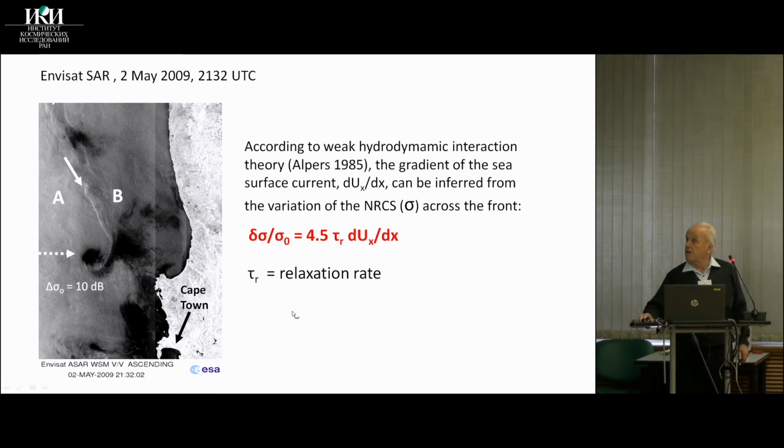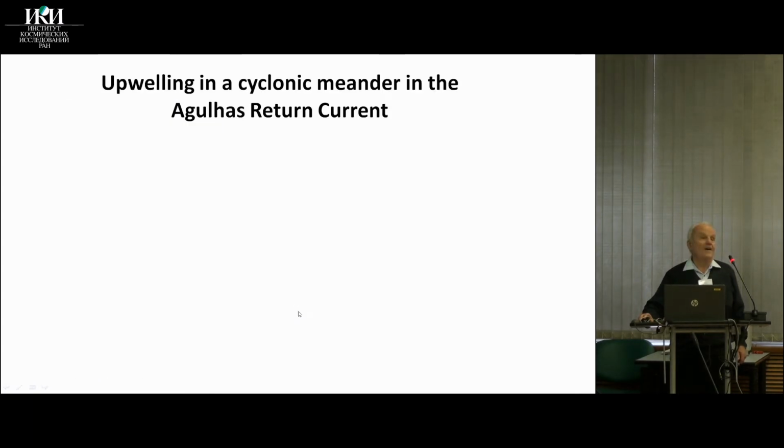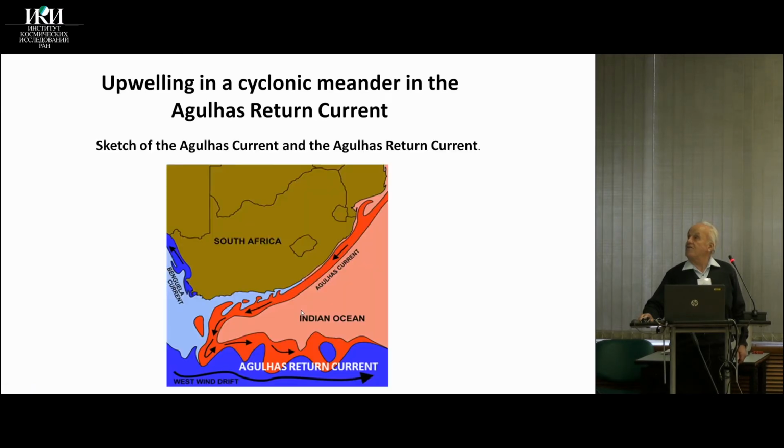Now I just give you some examples where you can see that. First of all I show some SST and chlorophyll A images, and then a synthetic aperture radar image of the Agulhas return current.